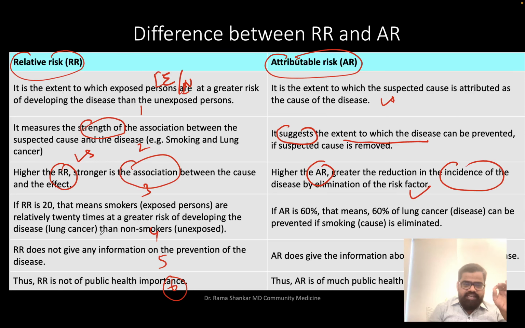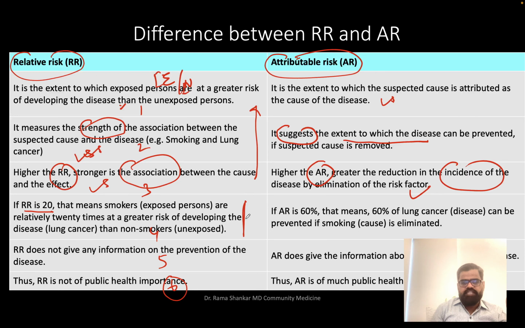Now let's take an example which I have already shared, and you can make these 3 points easy. Suppose relative risk is 20. Greater than 1 means what? Smokers are 20 times at a greater risk of developing lung cancer than non-exposed. So higher the relative risk, greater is the strength of association. It measures strength, and it is the ratio of exposed and unexposed.